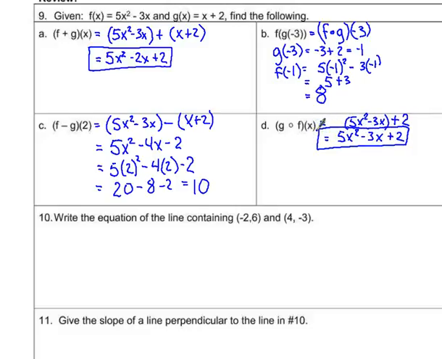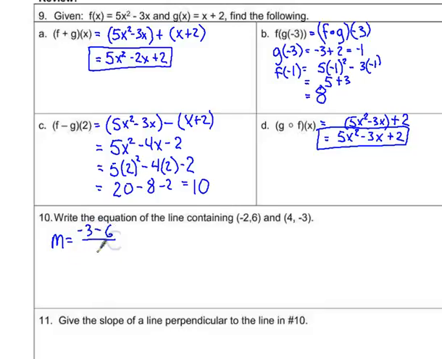Moving on to problem number 10. This is basically a review problem from the last test. They give us 2 points, -2 and 6, and 4 and -3. First thing we should do is determine the slope. To determine the slope, we're going to take y2, -3, minus y1, which is 6.